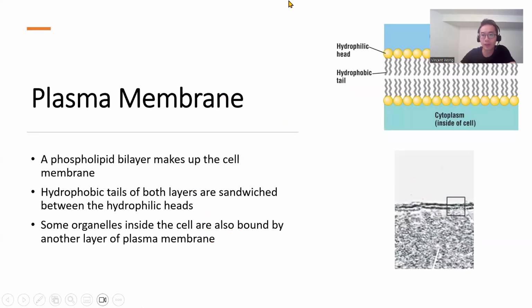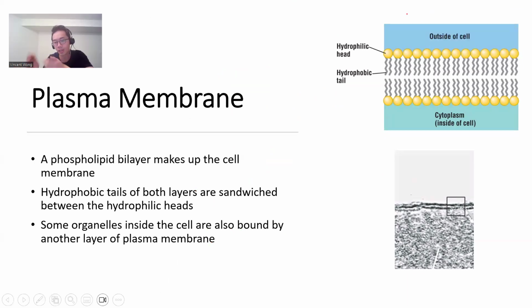All right, so here is another view of the plasma membrane. It's just like a two-dimensional view. You have the hydrophilic head facing the outside or the inside, both of which are mostly water, and then you have the hydrophobic tails in between. This is an actual picture of the real thing, using the electron microscope, very high power.